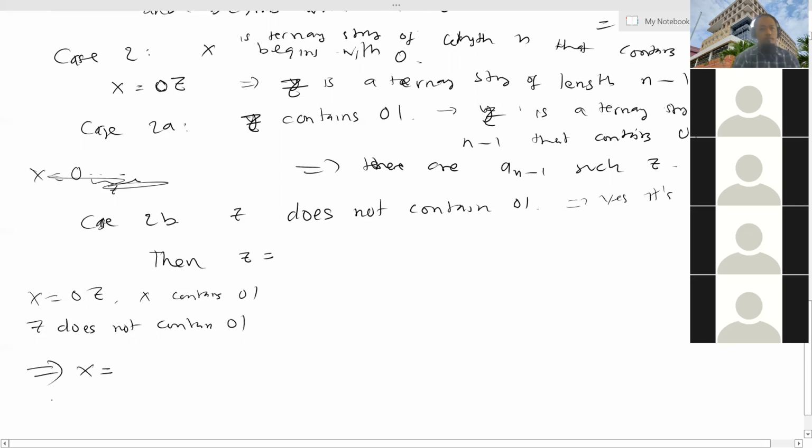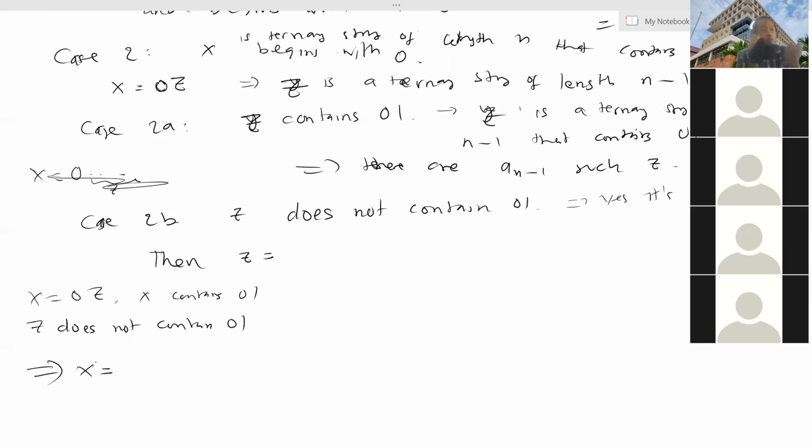How does X look like? X starts with 0 and is followed by Z. Z is a ternary string of length n minus 1. And you know that X must contain 0, 1, but Z does not contain 0, 1.